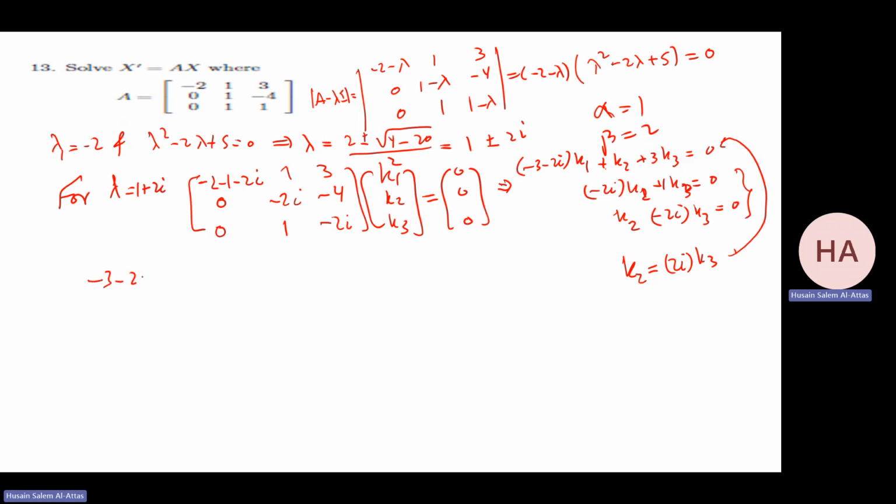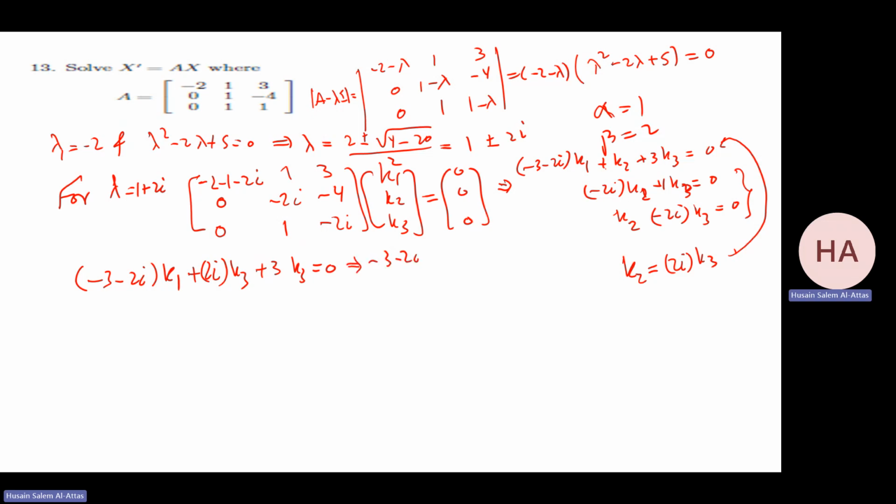So I plug it here to get what? Minus 3 minus 2i k1 plus 2i k3 plus 3k3 equal to 0. So you have what?